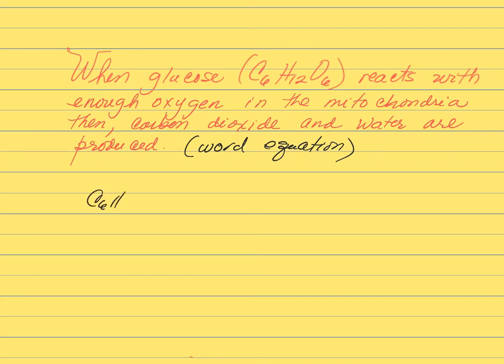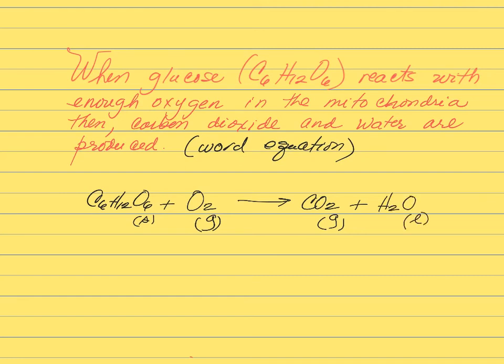So you have over here the chemical formula for glucose, which is a solid, reacting with oxygen, which is a diatomic molecule and a gas, producing... what is producing? Carbon dioxide, CO2, solid, liquid, or gas? Gas. Plus water. What is the chemical formula for water? H2O, solid, liquid, or gas? Okay. This is my chemical equation.